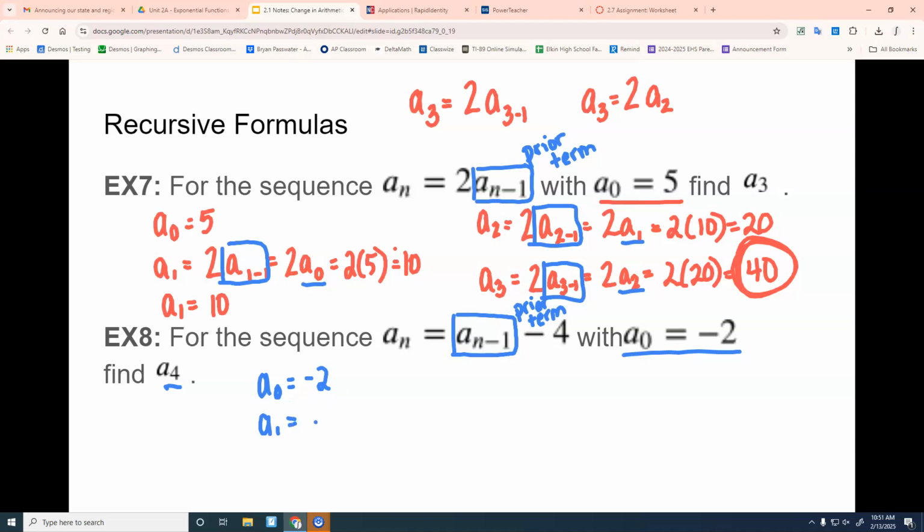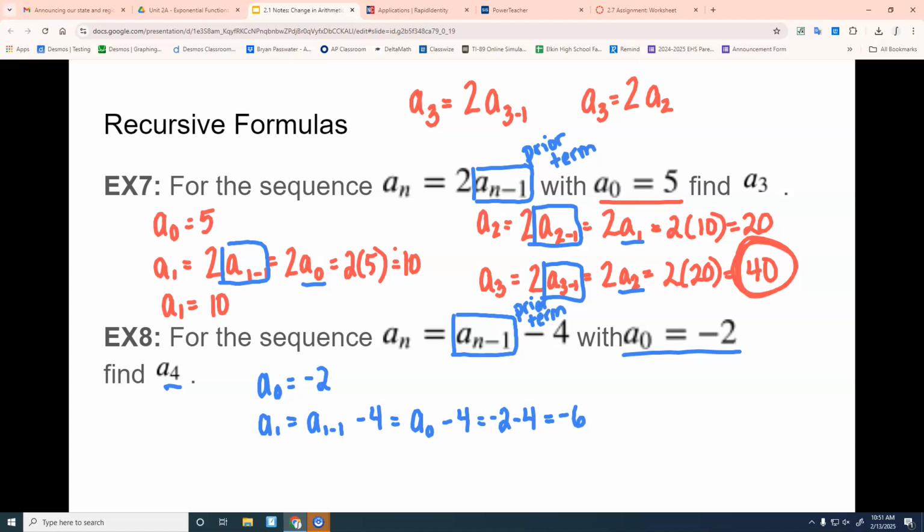So if I do a sub 1, that's a sub 1 minus 4, which is a sub 0 minus 4, which is negative 2 minus 4, which gives me negative 6.